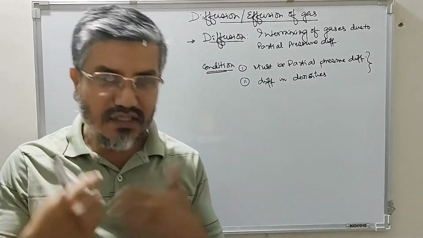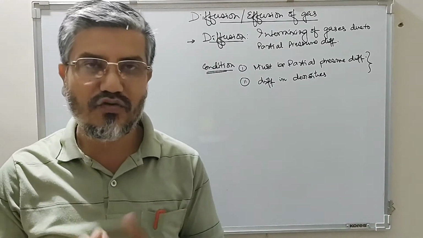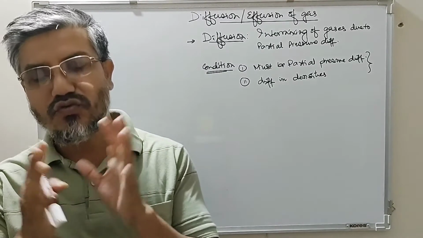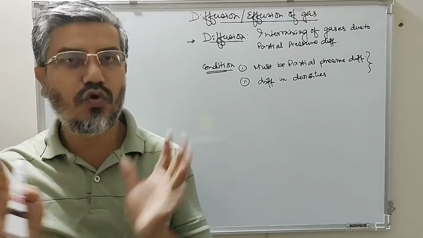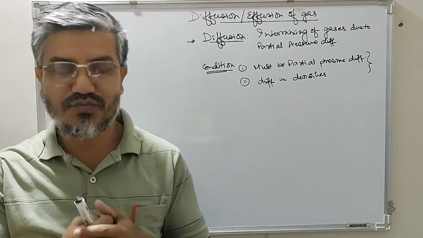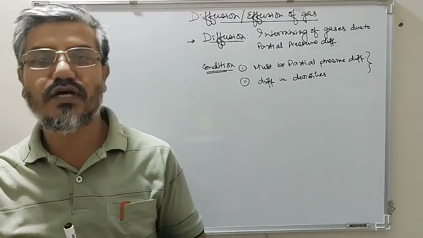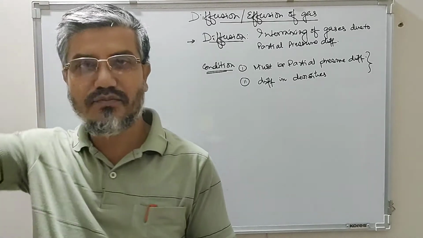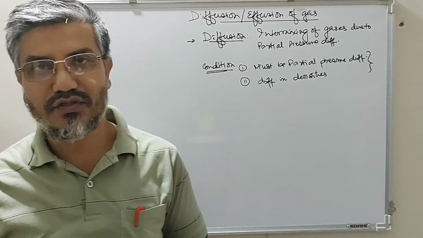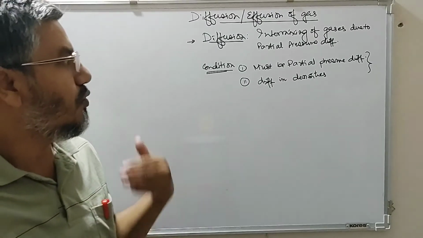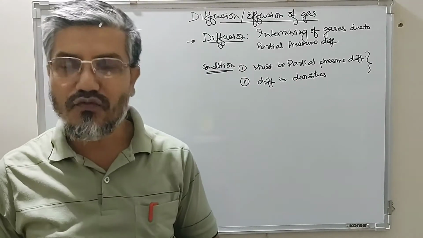So this intermixing is due to the presence of large unoccupied space between the gas molecules. This unoccupied space, the other molecule can easily enter into, and this is the reason why there is diffusion of gases.